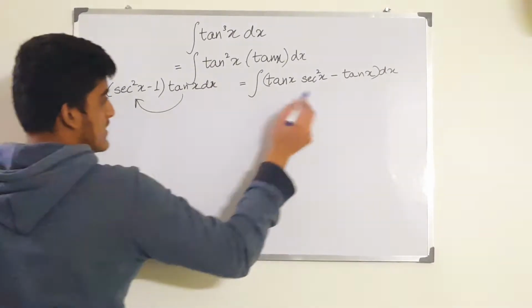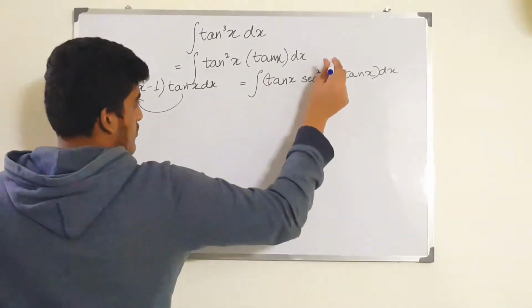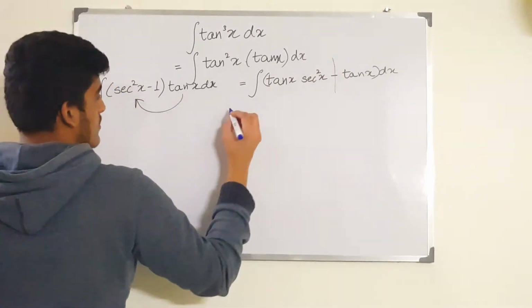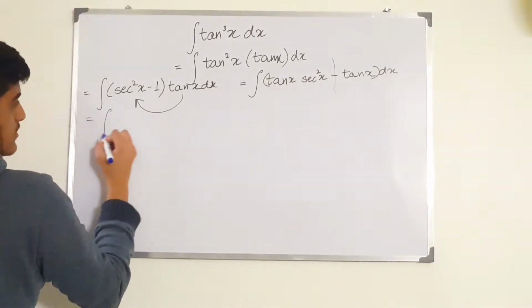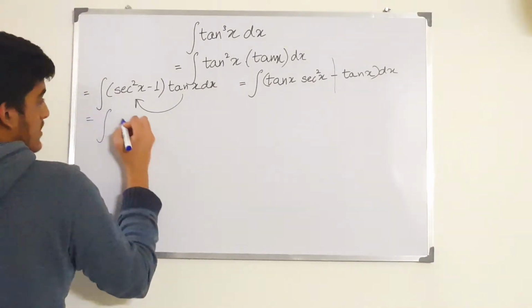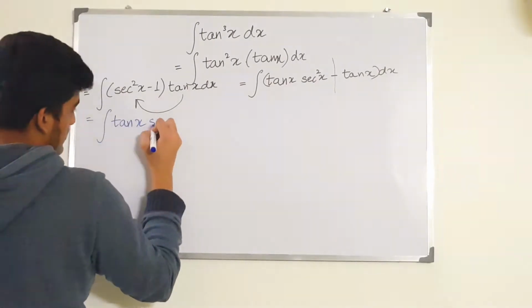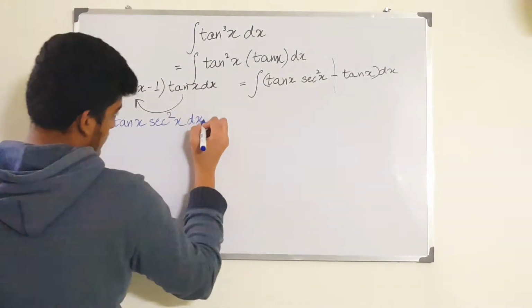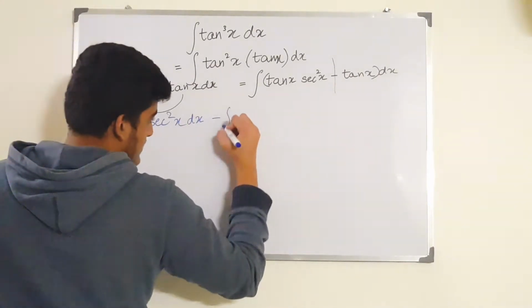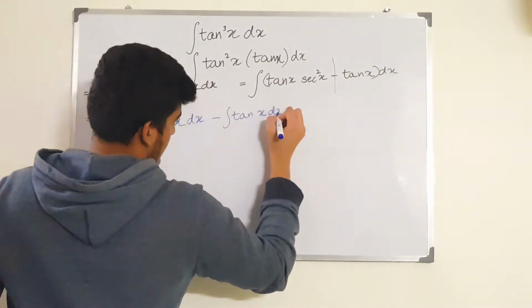So now we split this into 2 parts. So what we have is the integral of tan x sec square x minus the integral of tan x dx.